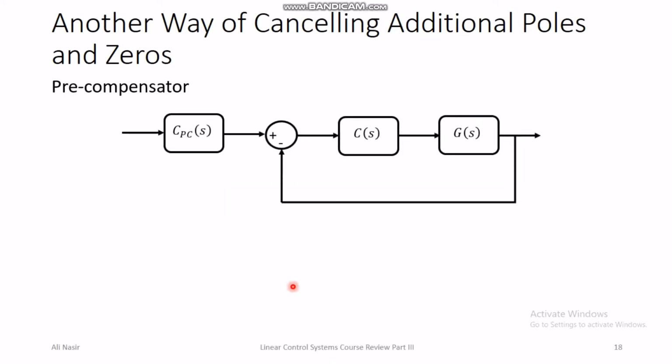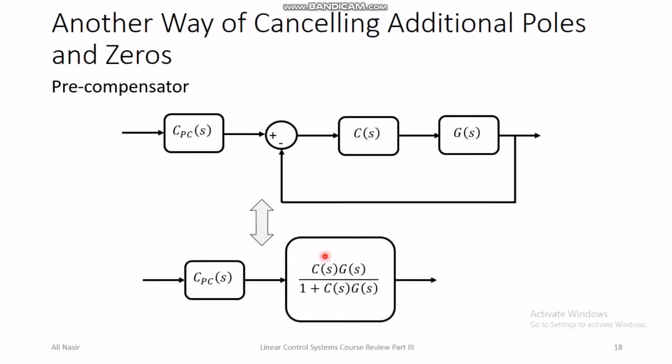So there is a way of cancelling additional poles and zeros and converting a higher order system into a second order system. That is by use of a pre-compensator. This is a pre-compensator, an additional control transfer function. This is your usual feedback control design. And how the pre-compensator works is the following: you have C of s into G of s over 1 plus C of s into G of s. This is the single block for this whole feedback control diagram.